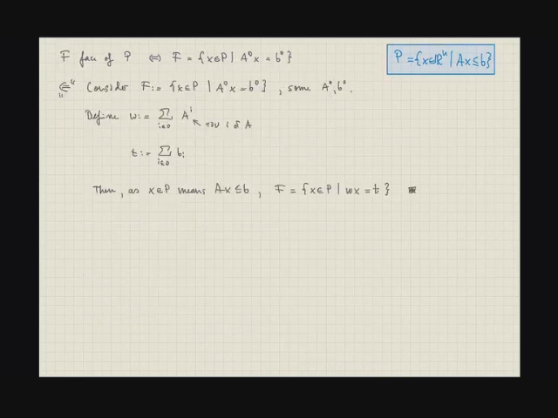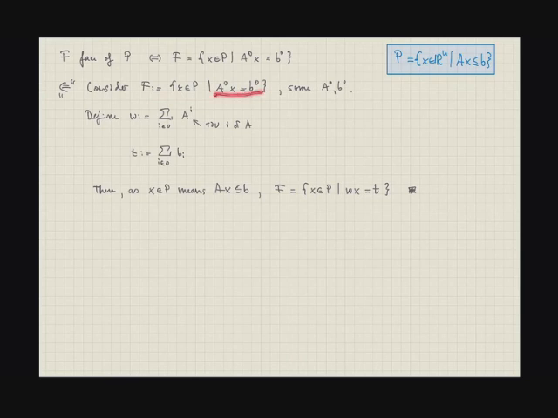Let's also look at the other direction of that proof. So if I take an arbitrary subsystem of the linear system, A0x equal to B0, okay, and I define F to be all the points from the polytope that fulfill this subsystem with equality, this also gives me a face of the corresponding polytope. So let's consider such a set F, and I have to identify the description of the corresponding face of the polytope. And I do that by the following trick.